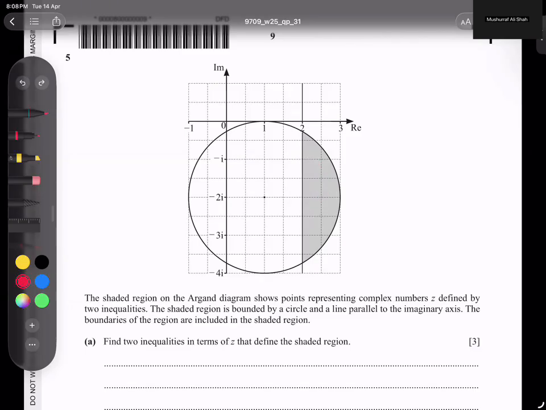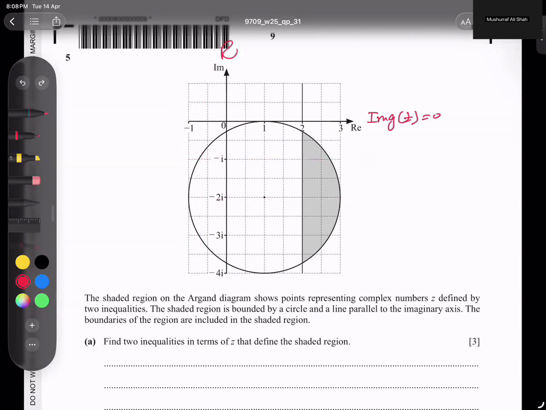Common sense, I taught you before, even this line is very easy to do. For example, you always start from here. What is the equation of the real axis? So you say imaginary Z is equal to 0. And this is imaginary Z equal to 1, -1. Imaginary is equal to -2. But what about this one, the y-axis?